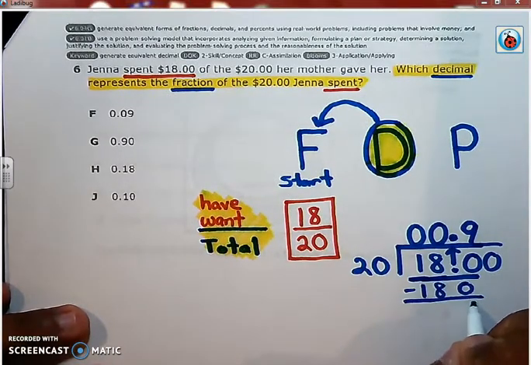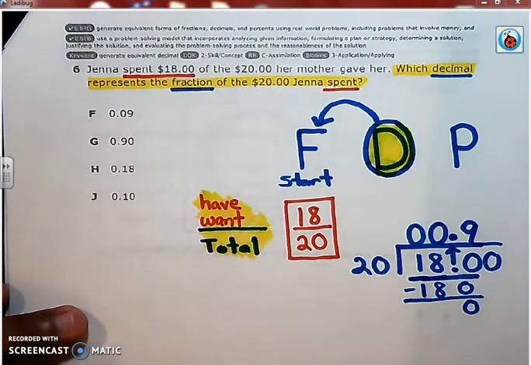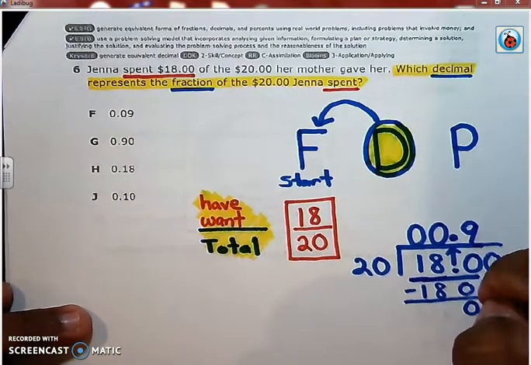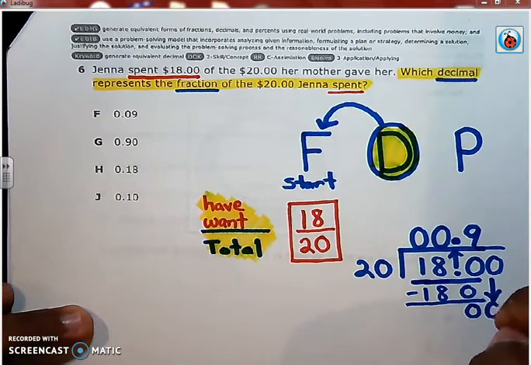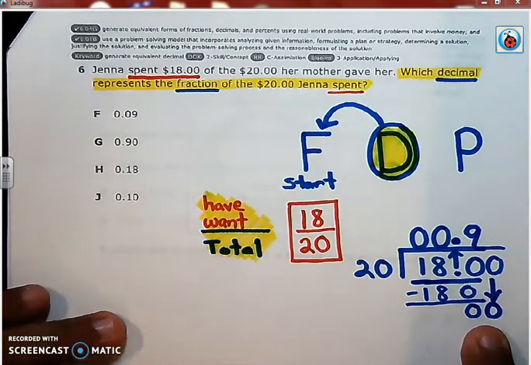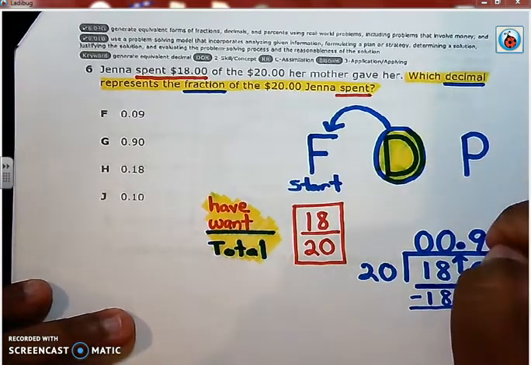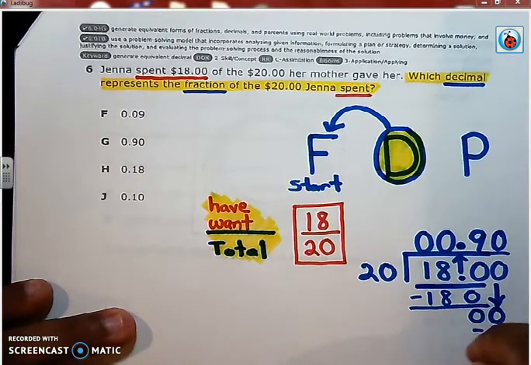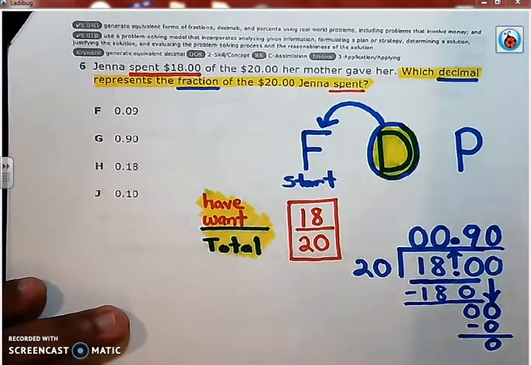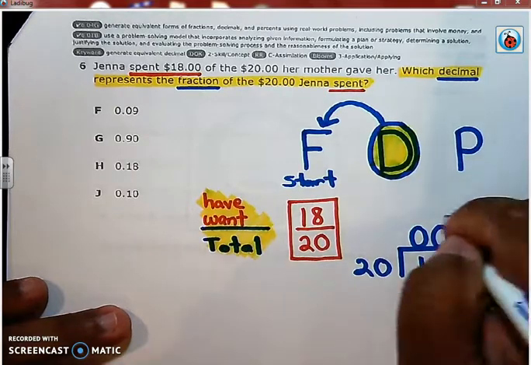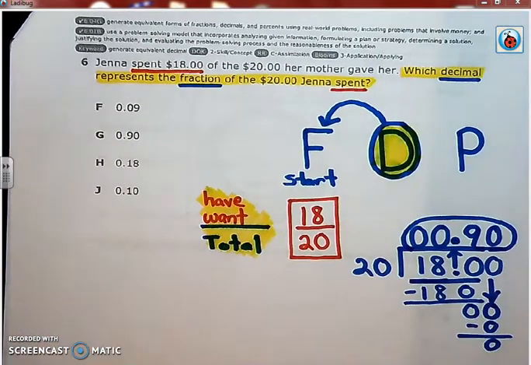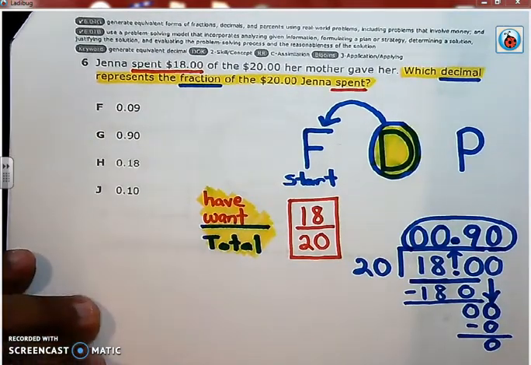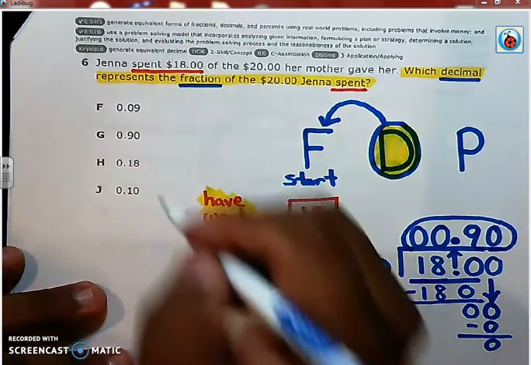Sisters subtract. Nothing left over. Brother, bring down. I have no controllers. Can 20 people play? No. We end up with an answer, or a decimal, of 90 cents, which is answer choice G.